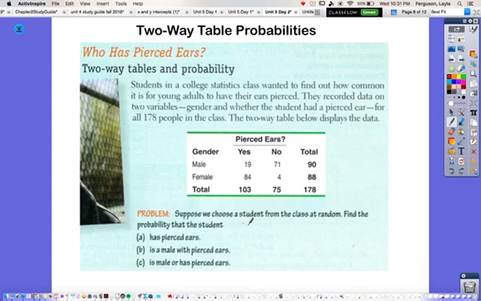So for A, we know that there's a total of 178 people. And so the way that we would find the probability of pierced ears is we would say the total for pierced ears for yes is 103 over the total of the entire table, which is 178.